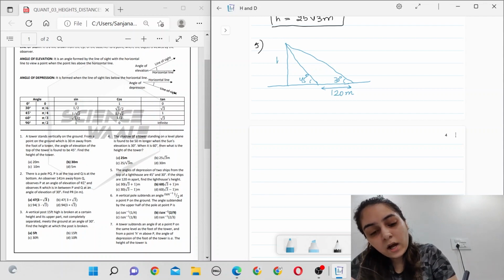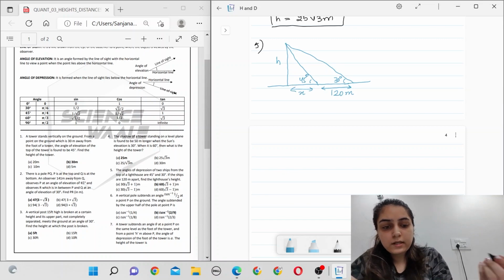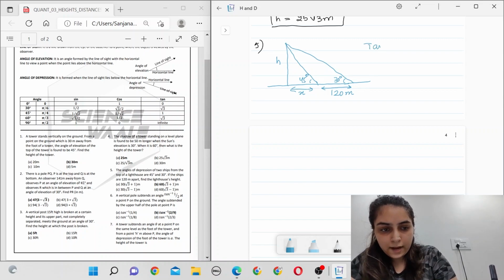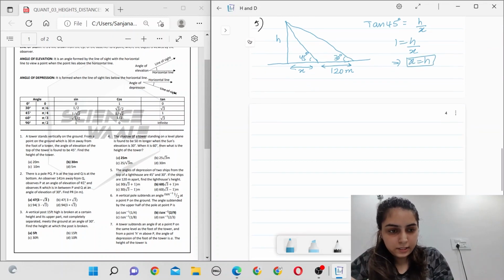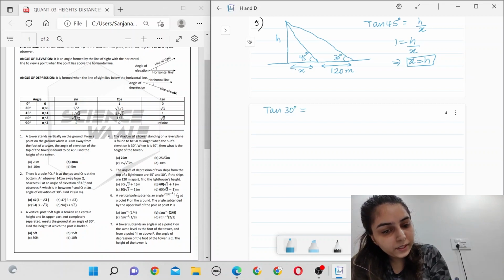Let us assume the lighthouse height to be h and this base part be x. If we apply the trigonometric equations, then tan 45 will be h by x, 1 is equal to h by x, that implies x is equal to h. That's clear. Now applying tan 30 will be h by x plus 120.